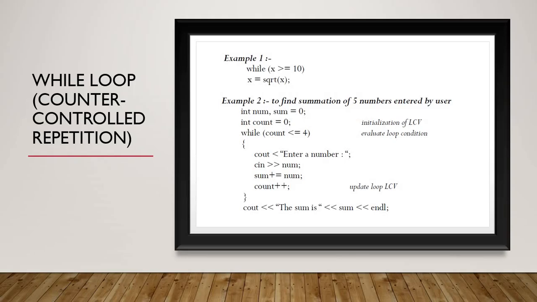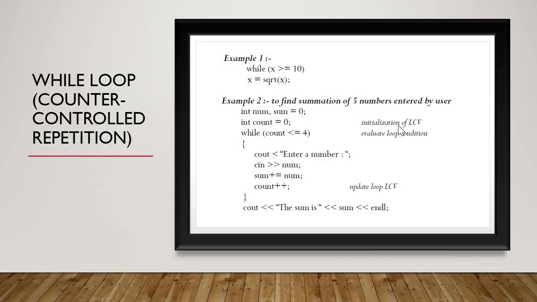We have int num, sum equal to 0, int count equal to 0, and then while count less than or equal to 4, and then cout enter a number. Let's do the tracing. As you can see, we have to consider these 3 elements when we develop a while loop with counter control repetition.